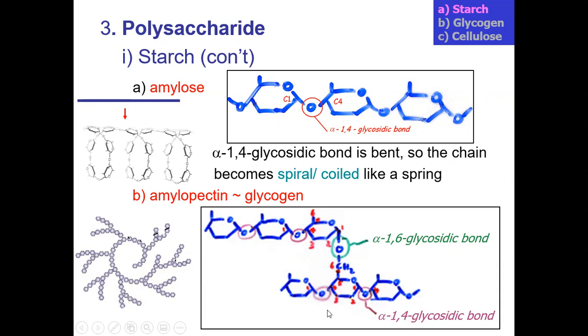So the residues along the same chain are all joined by alpha 1,4 glycosidic bond, right? Between the branches, they are joined by alpha 1,6 glycosidic bond. So this is the overall structure of a starch. Very interesting.